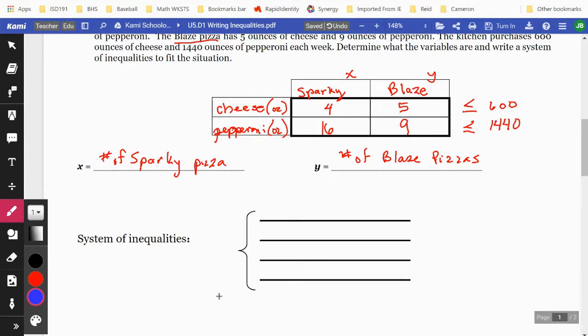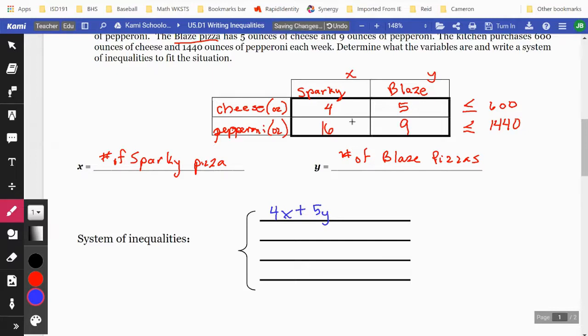So we're going to write an inequality starting with cheese. We knew that it was 4 ounces for every Sparky pizza. So we can use 4 times X to represent that total amount. We also knew that it was 5 ounces of cheese for every Blaze pizza. So we can use 5 times Y to represent that total amount.